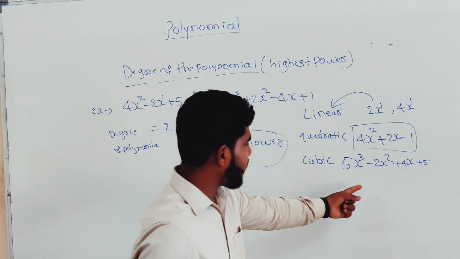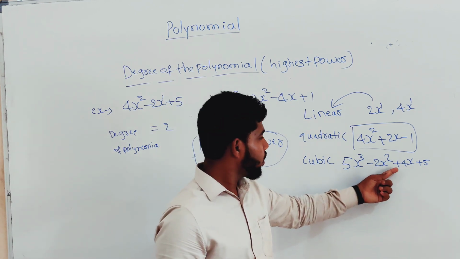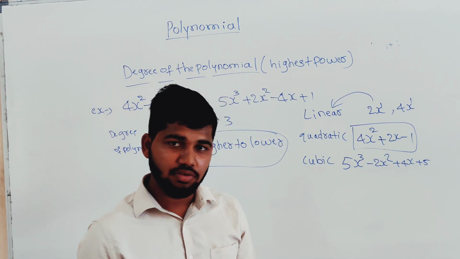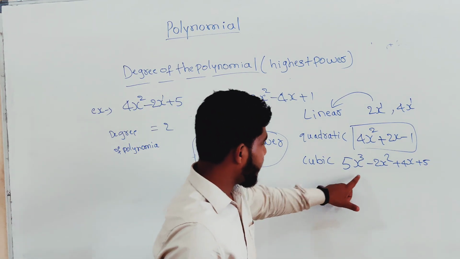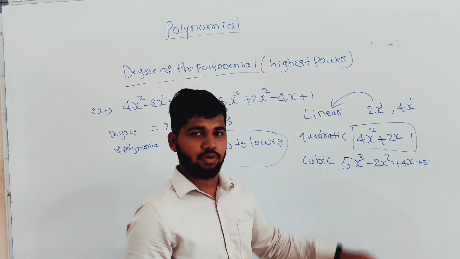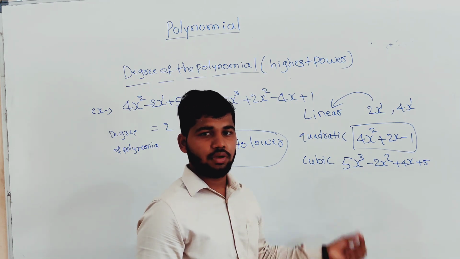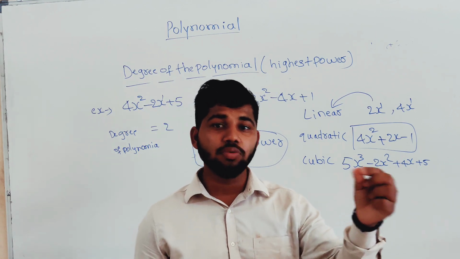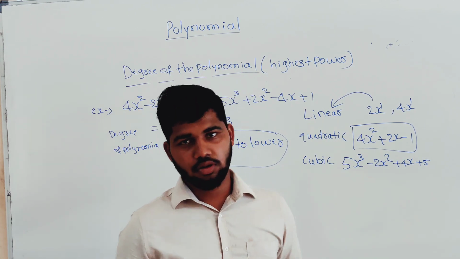Which has the highest power? 5x cubed has the highest power, so it is said to be cubic.